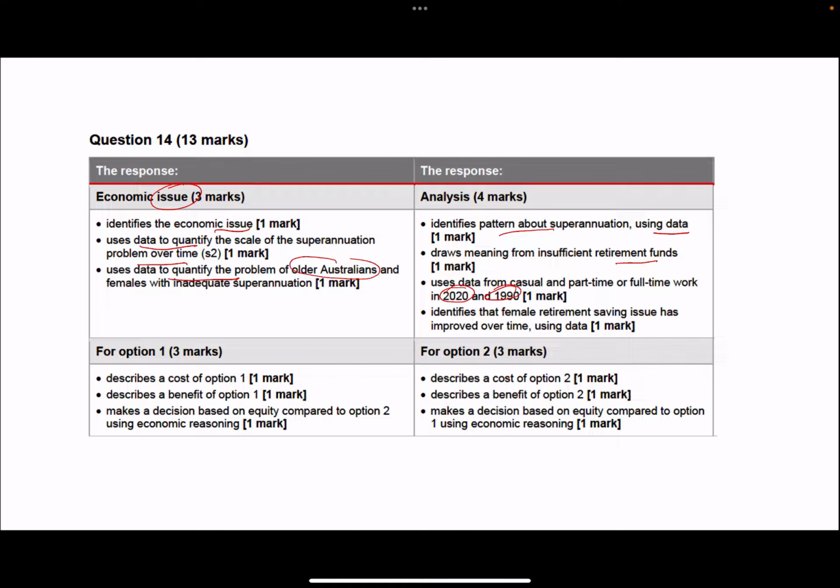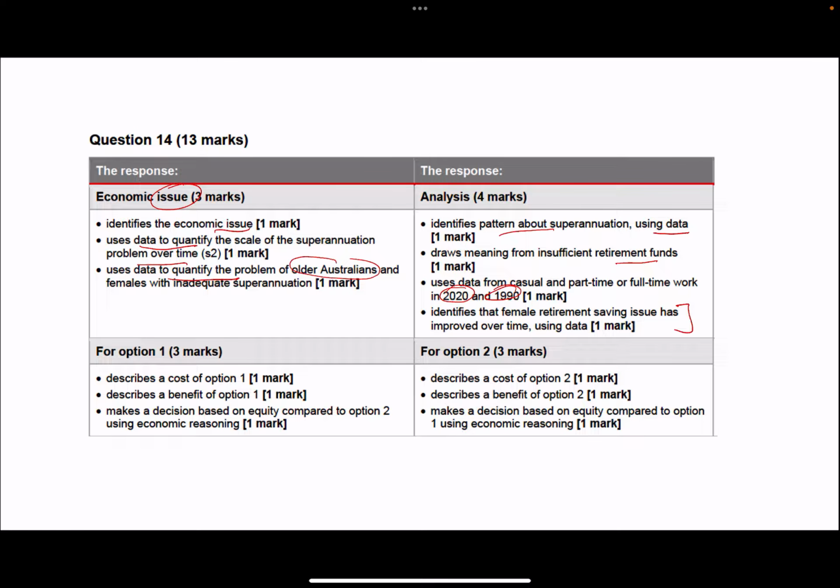Once again, patterns and trends, looking at those differences. This is a really tricky one. I kind of mentioned it, didn't I? Identifies that female retirement savings has improved over time using data. That's the sort of dot point that really starts to separate people's level of holistic understanding of economics.